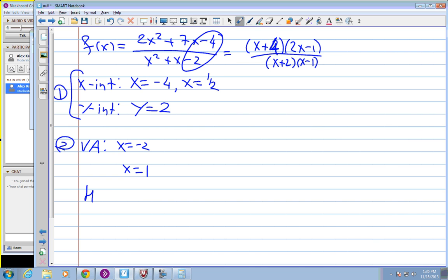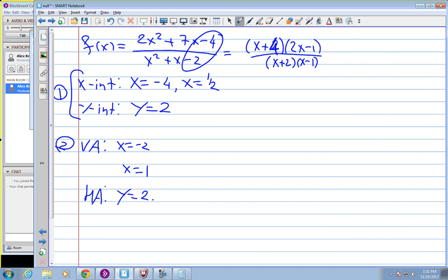Okay, horizontal asymptote, if any. Do we have a horizontal asymptote here? What is it? 2. Now, how do we know that? Right, so you look at the degrees. If the degree of the numerator is the same as the degree of the denominator, then it's just the ratio of leading coefficients, 2 over 1.